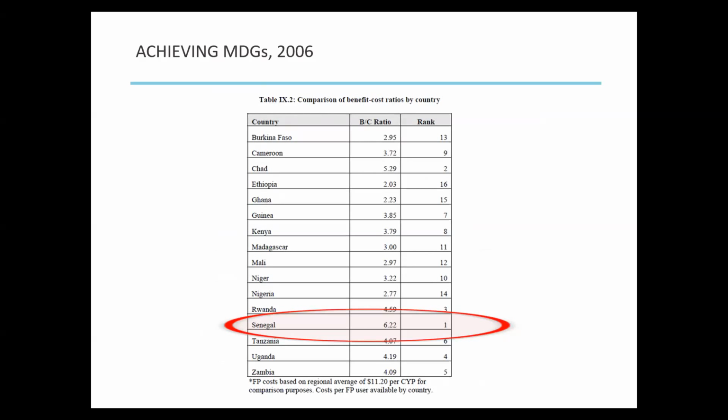Now, these numbers, when we look at the next slide, will give us very different cost to benefit ratios across the countries that were analyzed. Now, I quoted a $1 to $6 number earlier, and you can see that that $6 number comes from here, Senegal, but you can see a wide range of benefit to cost ratio here, from a low in Ethiopia of $1 invested in family planning giving you $2 in MDG savings benefits versus the $6 in Senegal.